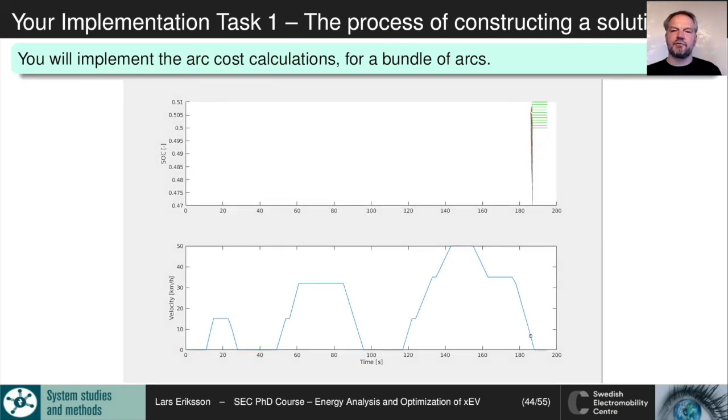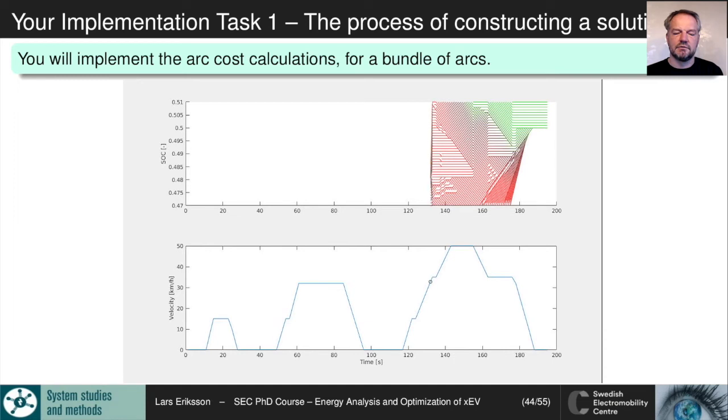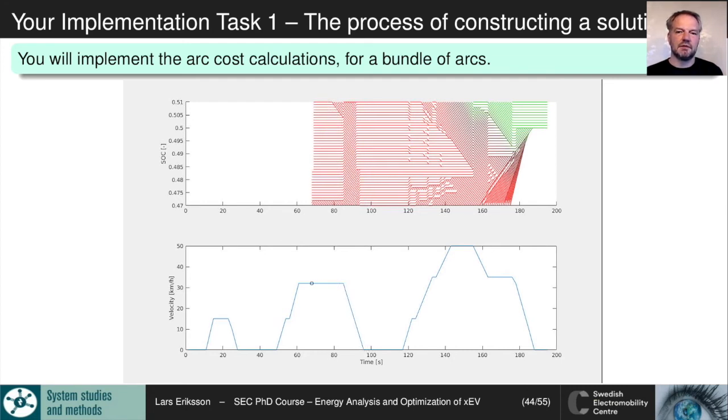So here we start from the end, and then we're constructing. You can see how it's propagating, calculating more and more opportunities, and then just constructing the solution backwards in time until we have at the end reached the initial point.